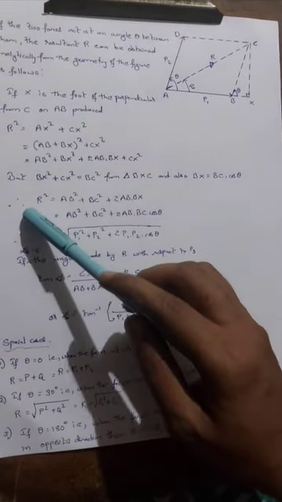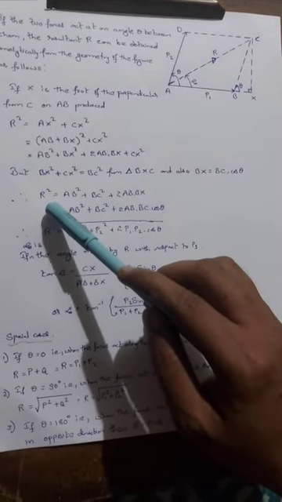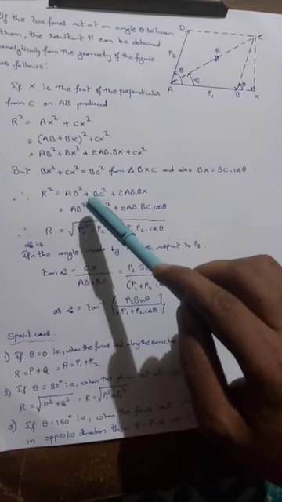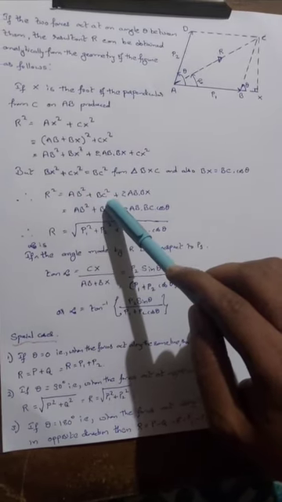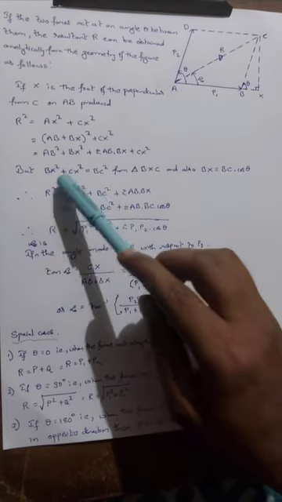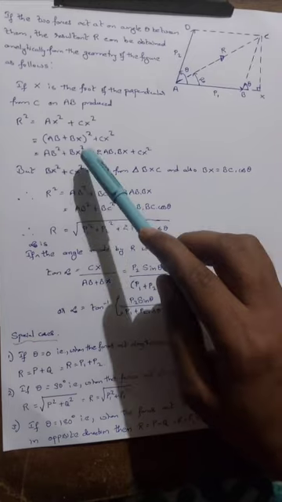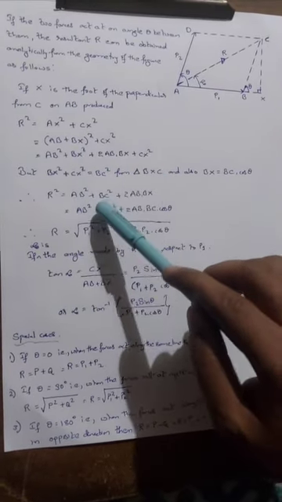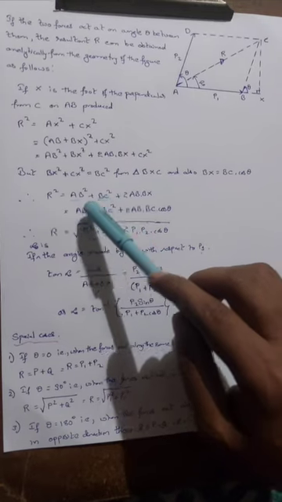So by applying that to the formula, it becomes R square is equal to AB square plus BC square, because BX square plus CX square becomes BC square.